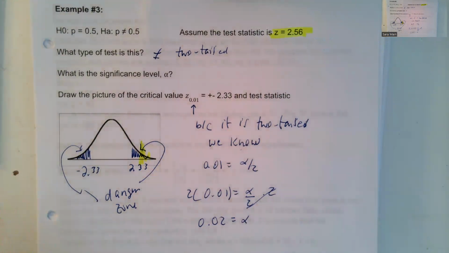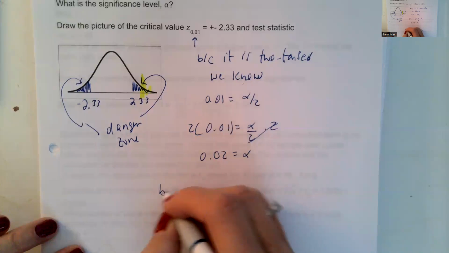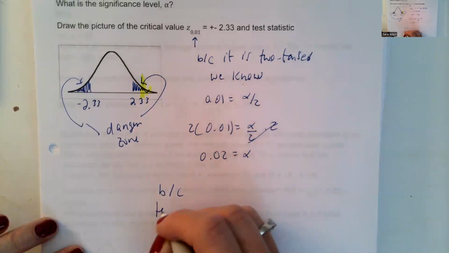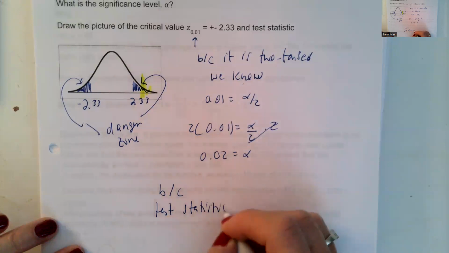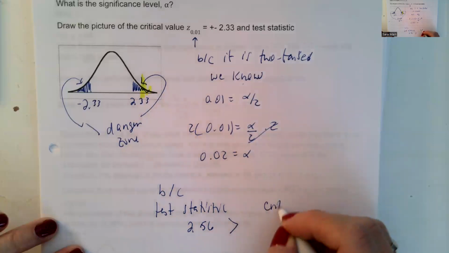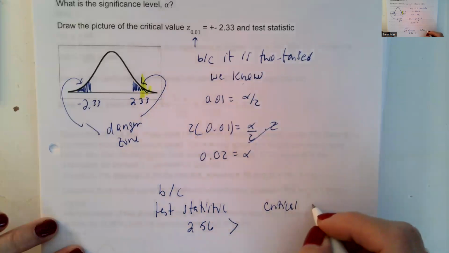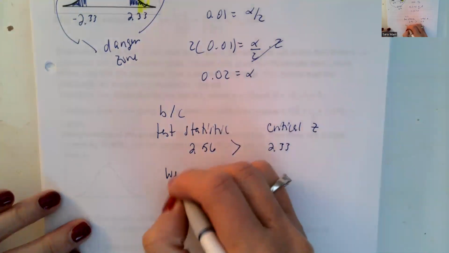So we do reject H0. So because the test statistic, which is 2.56, is greater than our critical Z, which is 2.33, we would reject H0.